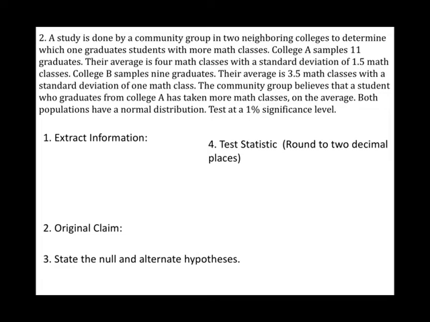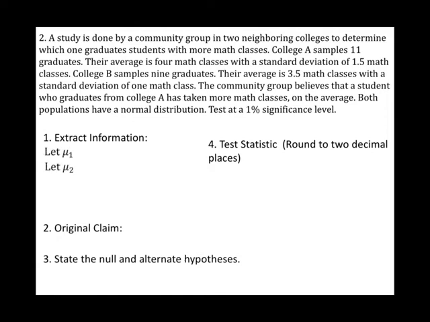Their average is 3.5 math cards with a standard deviation of 1 math cards. The community group believes that a student who graduated from College A has taken more math cards on the average. Both populations have a normal distribution. Test at a 1% significance level.